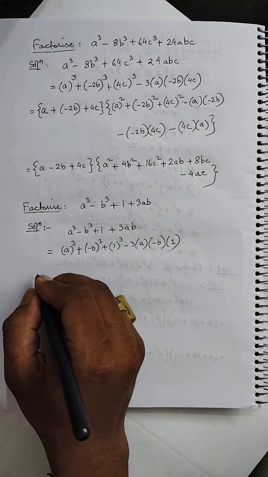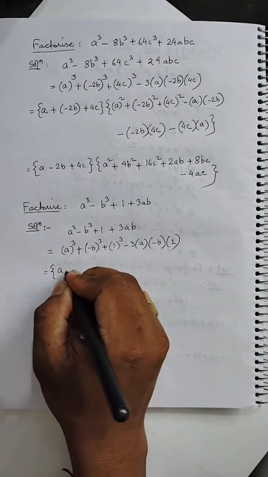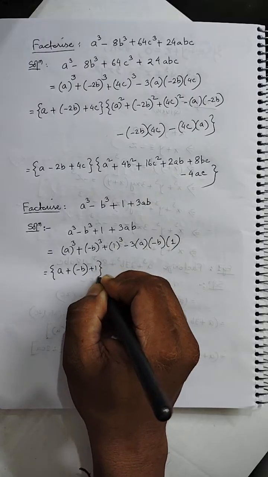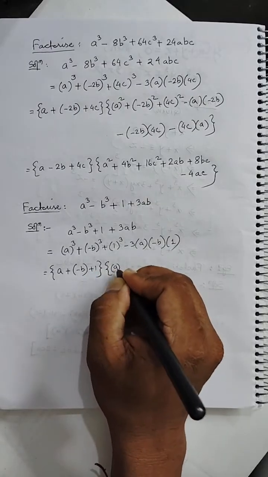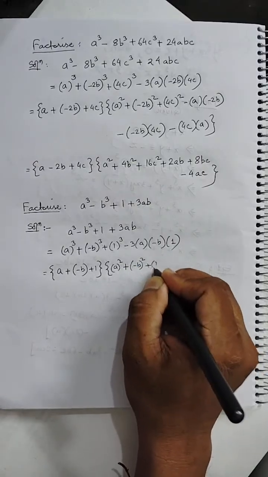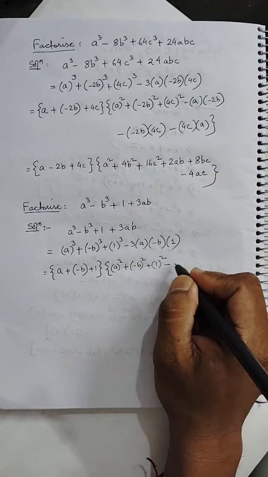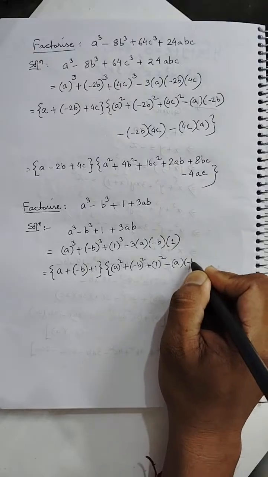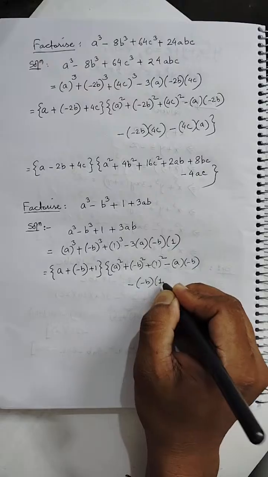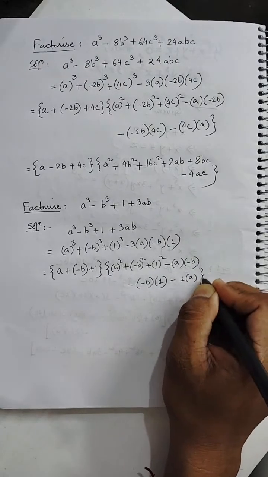So this is a plus b plus c, a whole square plus minus b whole square plus 1 whole square minus a into minus b minus of minus b into 1 minus 1 into a.